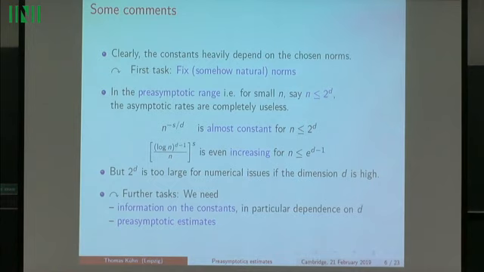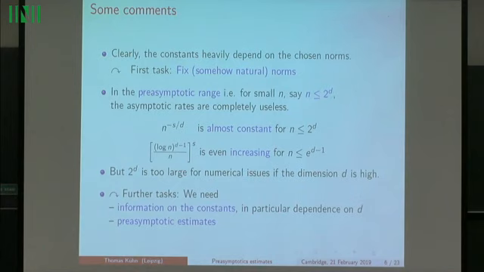That means in this range, this asymptotic rate is completely nonsense, because we are comparing a decreasing sequence of approximation numbers with an increasing function. So this makes no sense. On the other hand, for numerical issues, 2 to the d might be already far too large. Hendrik mentioned in his talk problems where the dimension is several hundreds.